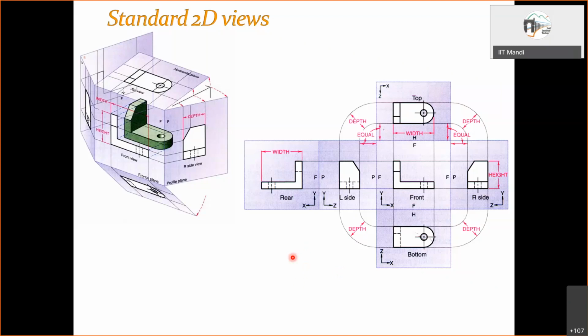It is having so many different features which we want to be able to see in different views. Then only more than this is required. That is, apart from front view, top view, and side view, anything extra is only needed if the object is having very complex features. Okay. Yeah, so this is about all the standard 2D views what we'll consider.